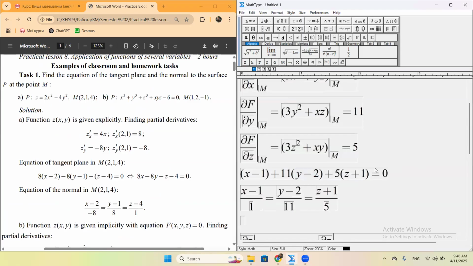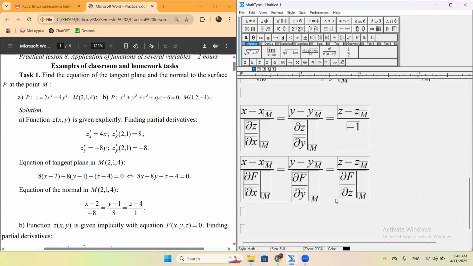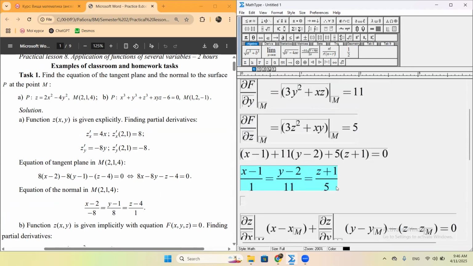I don't understand how we get the last equation. Which one? Where do we get these coefficients?